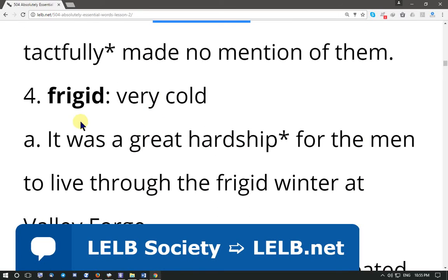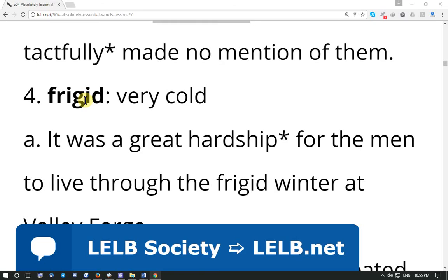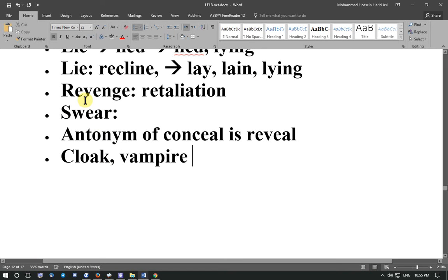Number 4, frigid is very cold. Chilly, we write it down. Frigid is even worse than, or stronger than chilly. But chilly means cold weather too.